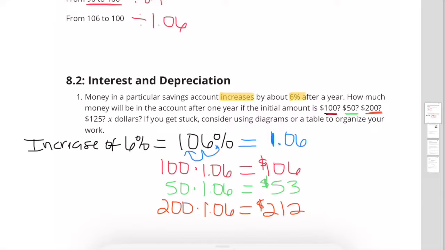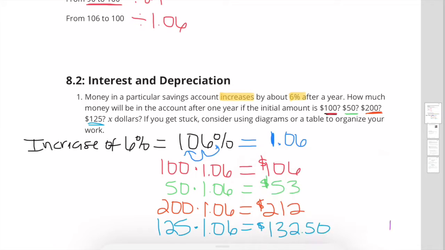What about 125? It'd be 125 times 1.06, which would give me $132.50.